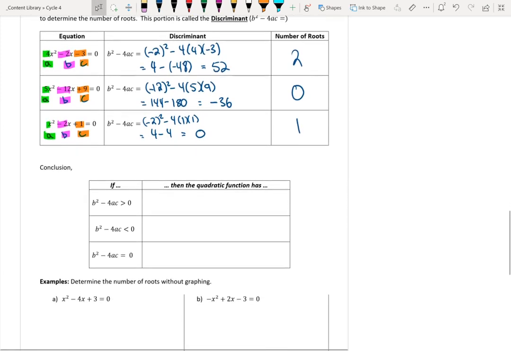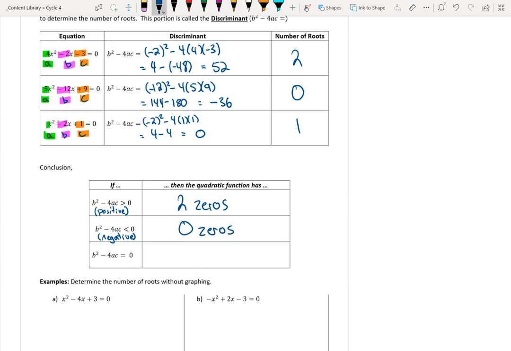So basically, in conclusion, if my discriminant, or the b squared minus 4ac, or basically the portion under the square root, is greater than 0, then I have 2 zeros. If it is less than 0, or we'll put in brackets negative, which meant the top one was positive, if I have a negative value from that discriminant or the portion under the square root, I have 0 zeros.